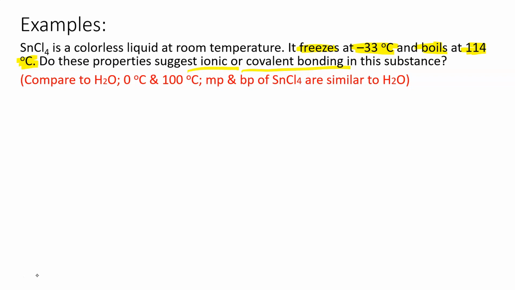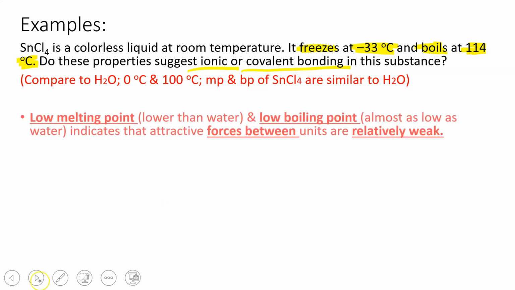So the melting point and boiling point of tin chloride, SnCl4, are similar to water. The low melting point, which is lower than water, and low boiling point, which is almost as low as water, indicate that the attractive forces between the units are relatively weak, because it seems like it's pretty easy to break if we only need to get it up to a temperature of negative 33 degrees Celsius for it to melt.